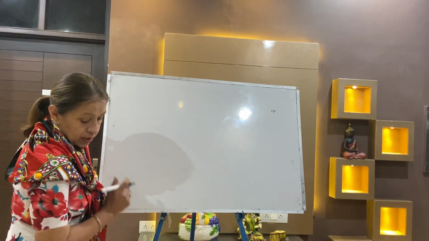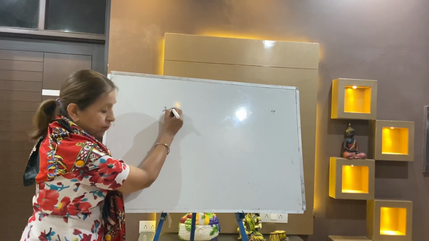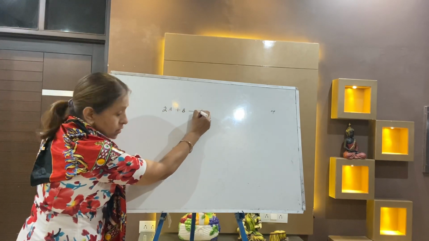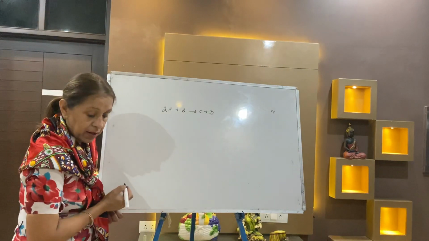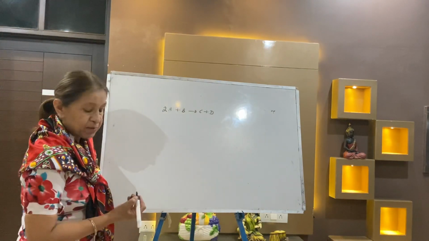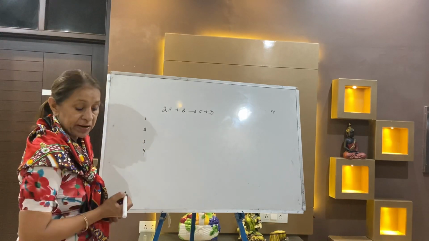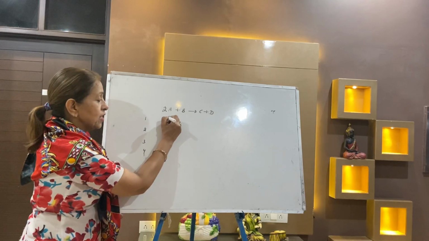I'm taking numerical number 11 first. The reaction given is 2A plus B arrow C plus D. Open numerical number 11. Many experiments are given, experiments 1, 2, 3, 4, and the concentration of A is given.